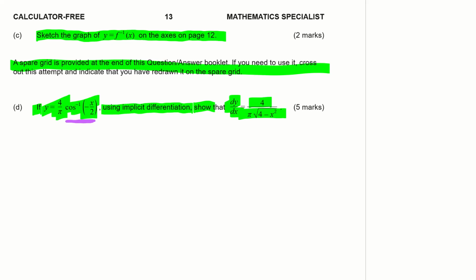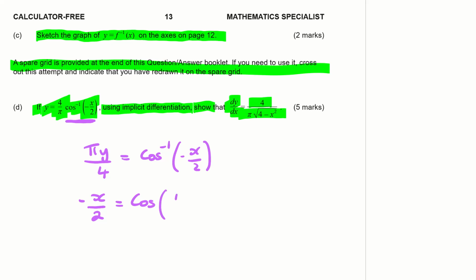So let's rearrange this a bit. And we've got pi y over 4 is equal to the inverse cosine of negative x on 2, which means negative x on 2 is the cosine of pi y by 4.